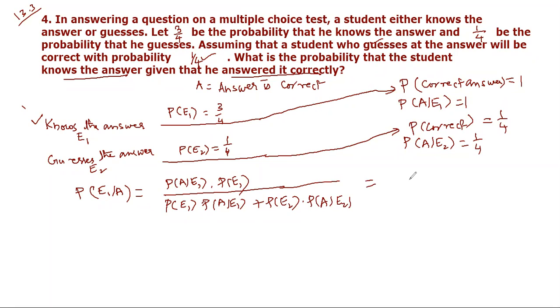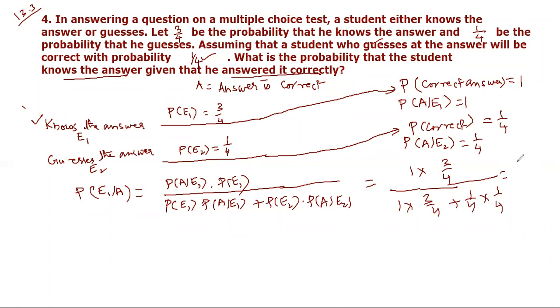So that is equal to 1 into 3 by 4, divided by 1 into 3 by 4 plus 1 by 4 into 1 by 4.